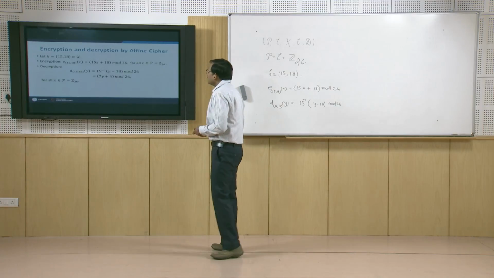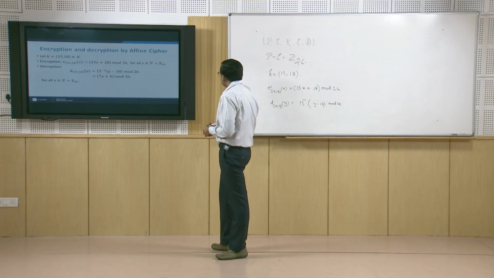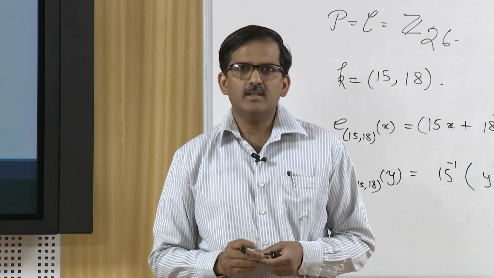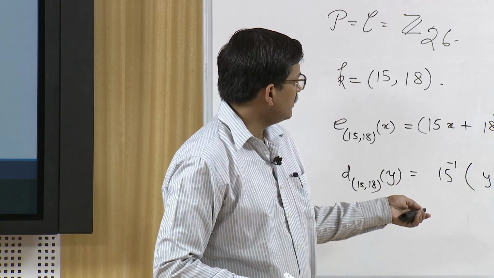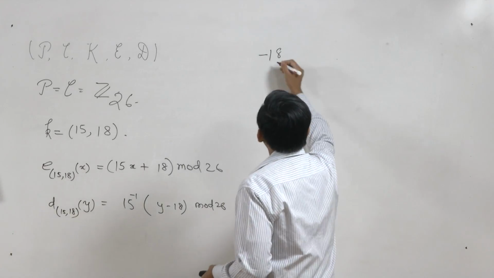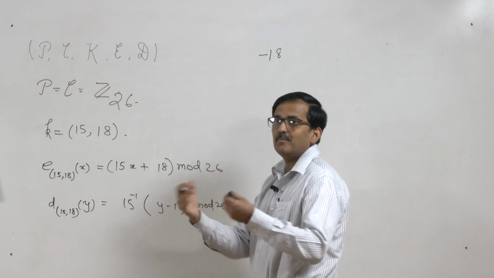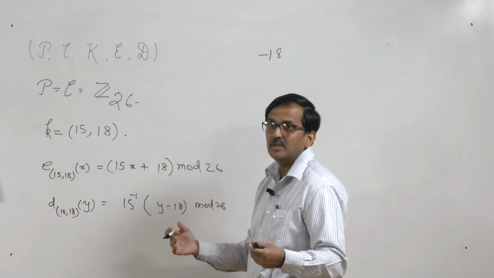Now, we can ask what is 15 inverse and what is minus 18. Please refer to the previous lecture on modular arithmetic. Minus 18, strictly speaking, is not an element of Z sub 26. We have to map it to an element of Z sub 26, and we have seen how to do that.